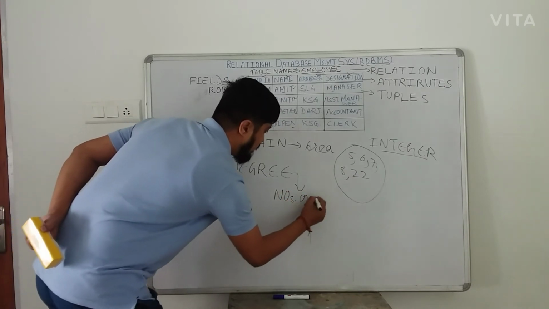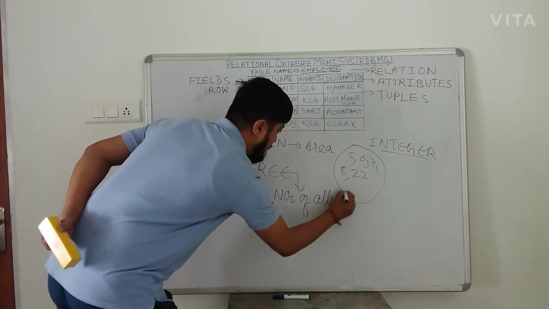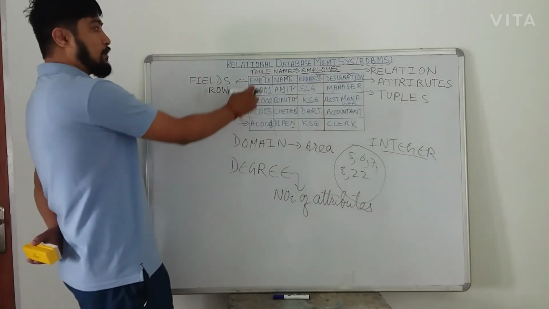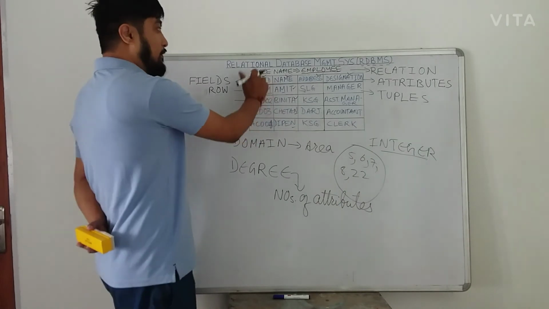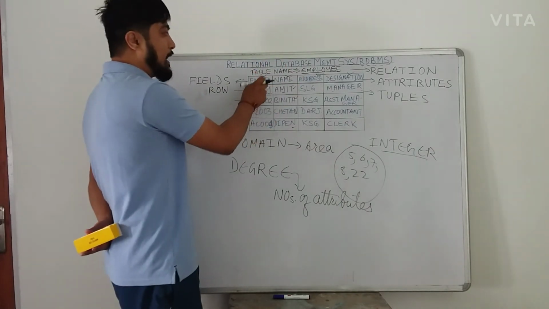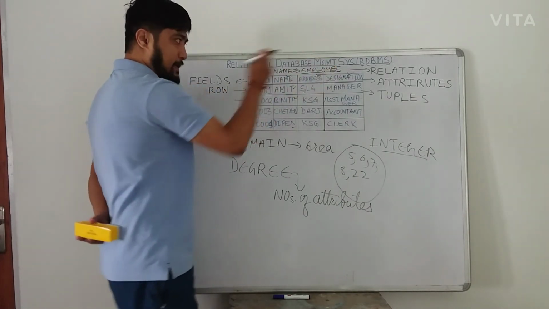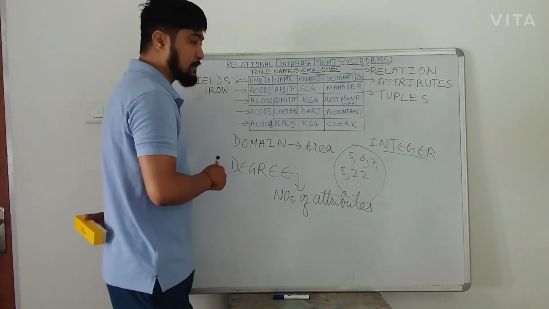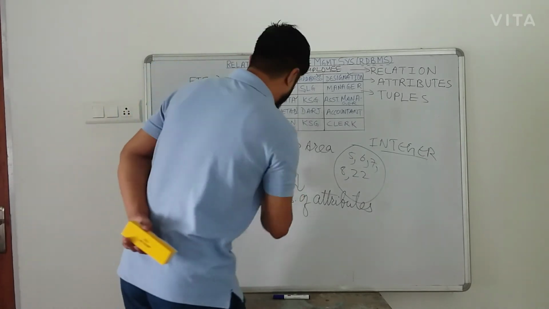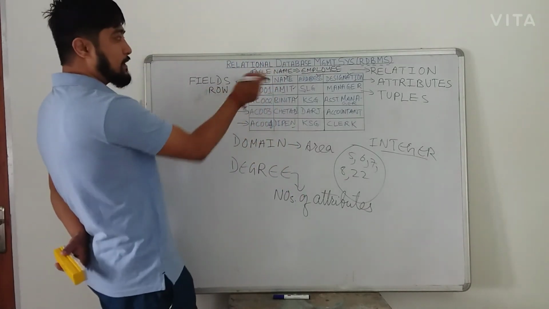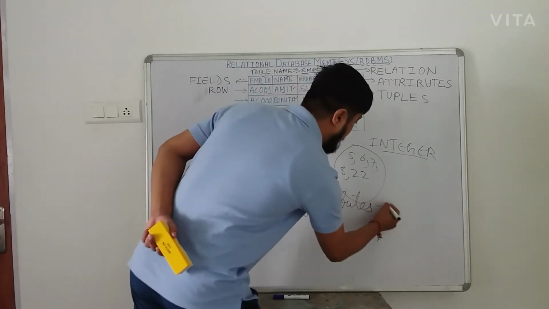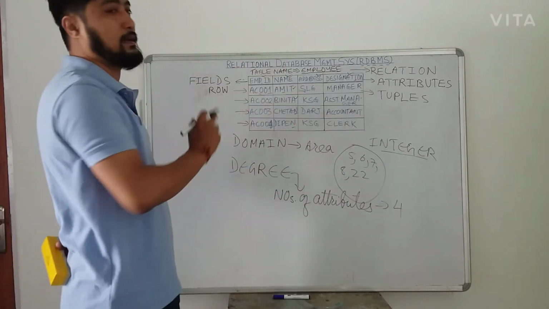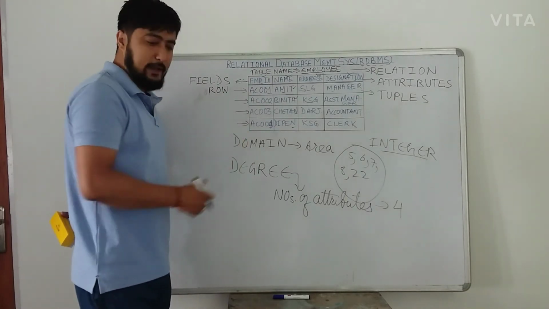Degree means the number of attributes. There are 4 different attributes: EMPID, name, address and designation. This is known as the degree of a relation. So what is the degree of this relation? We say that the degree of this relation is 4. In this table, we have the degree as 4.